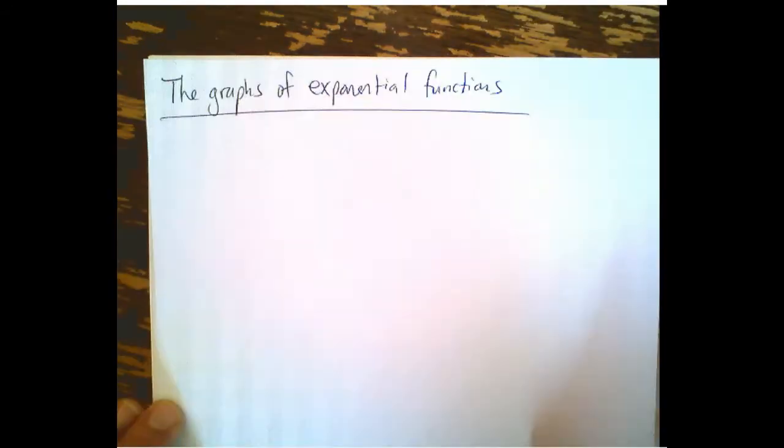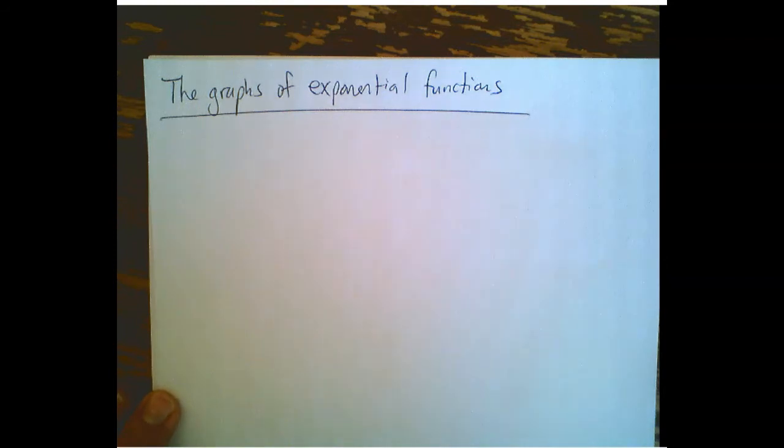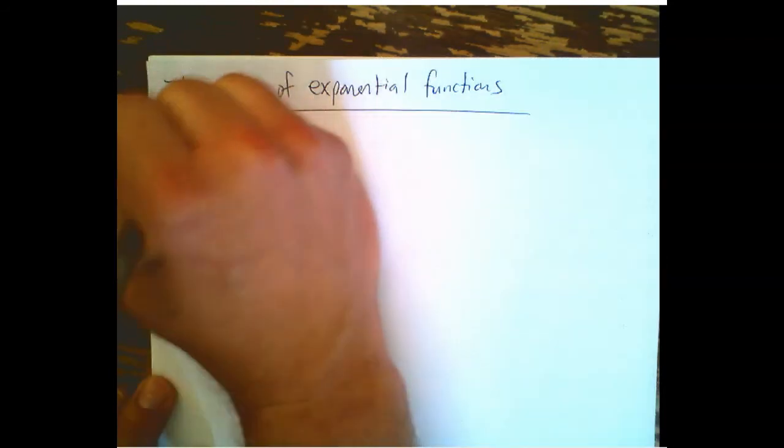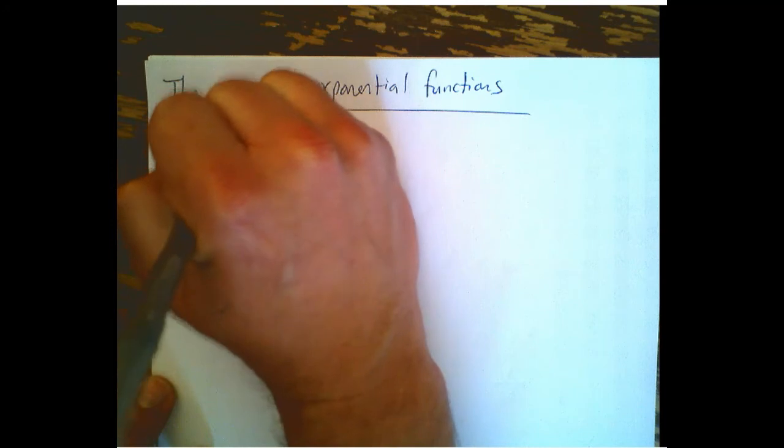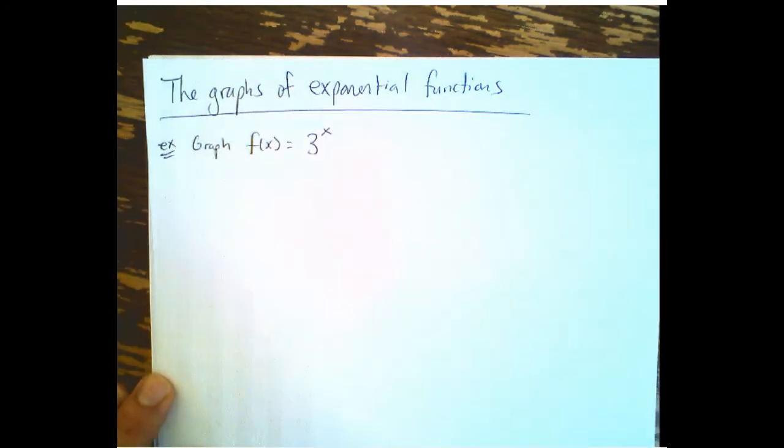All right, let's deal with the graphs. Graphs of exponentials. All right. So let's start off with the example. We want to graph f of x equals 3 to the x power.